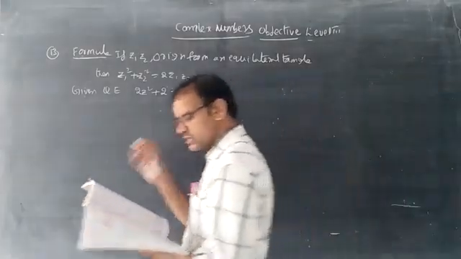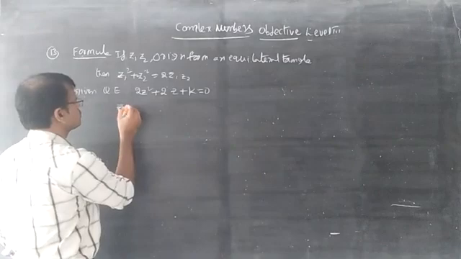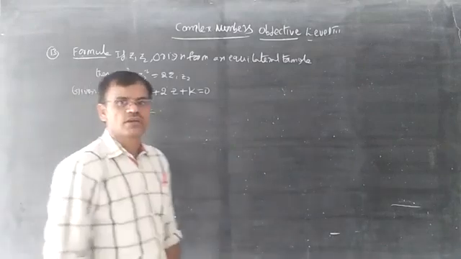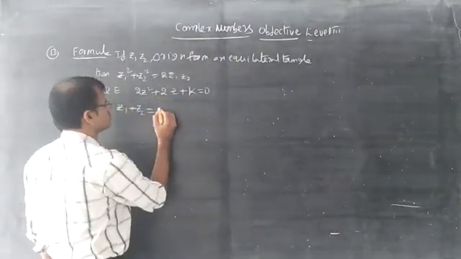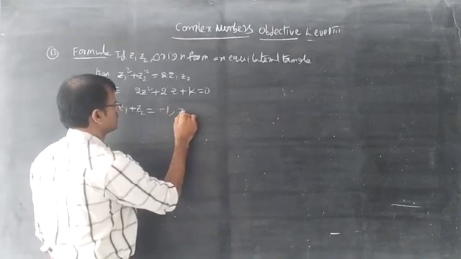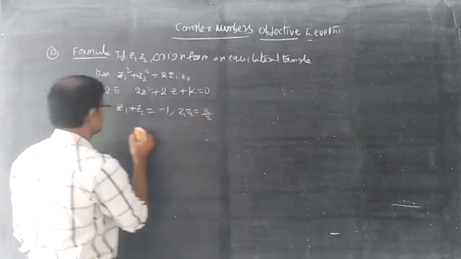Then what is the value of k? According to the quadratic equation rule, if z1, z2 are two distinct roots, then z1 + z2 is the sum of the roots, which is minus 1, and z1 z2, the product of the roots, is equal to k by 2.